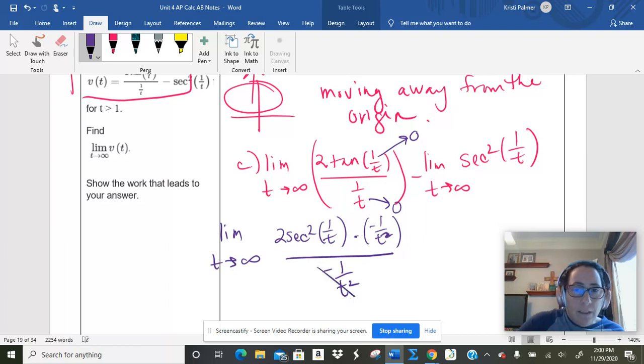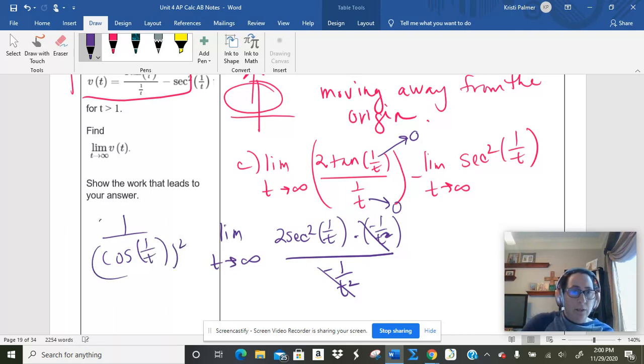When I do that, these guys now cancel. And as I go to infinity, I know that secant is 1 over cosine of 1 over t. And we want that squared and times 2. So infinity here would be 0. Cosine of 0 is 1, squared is 1, and then times the 2 would give me 2.